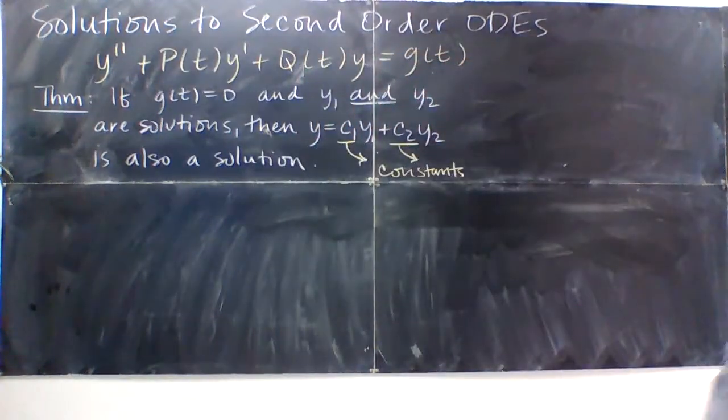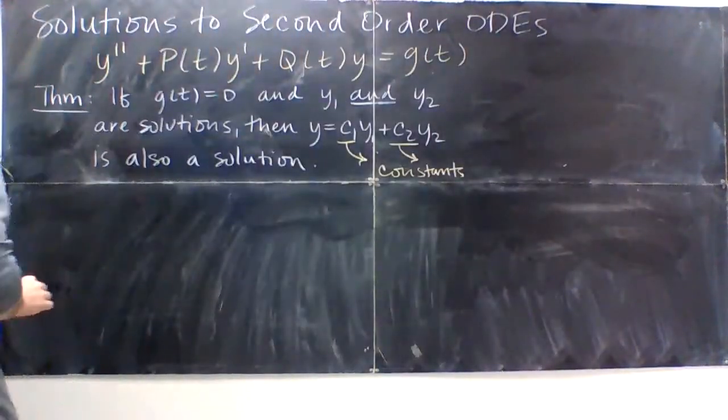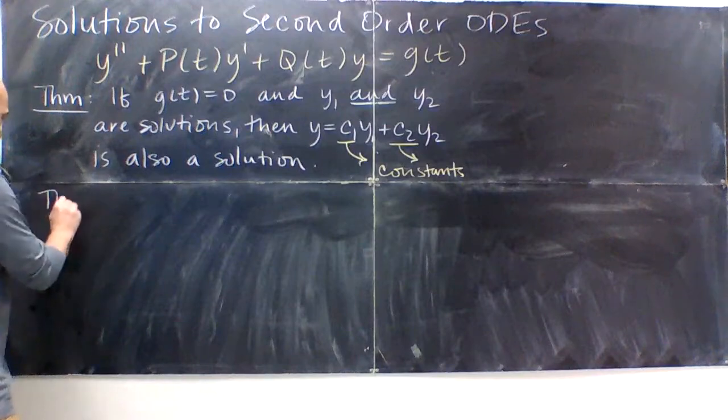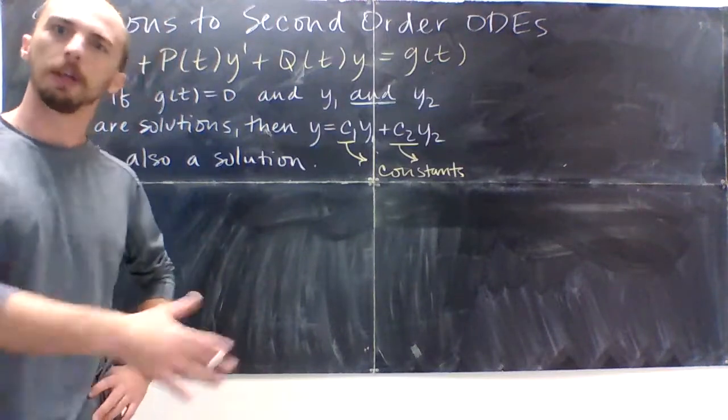And now I'm going to tell you about another theorem. This one is going to go a little unjustified, but I think you have seen evidence of this in the last video.